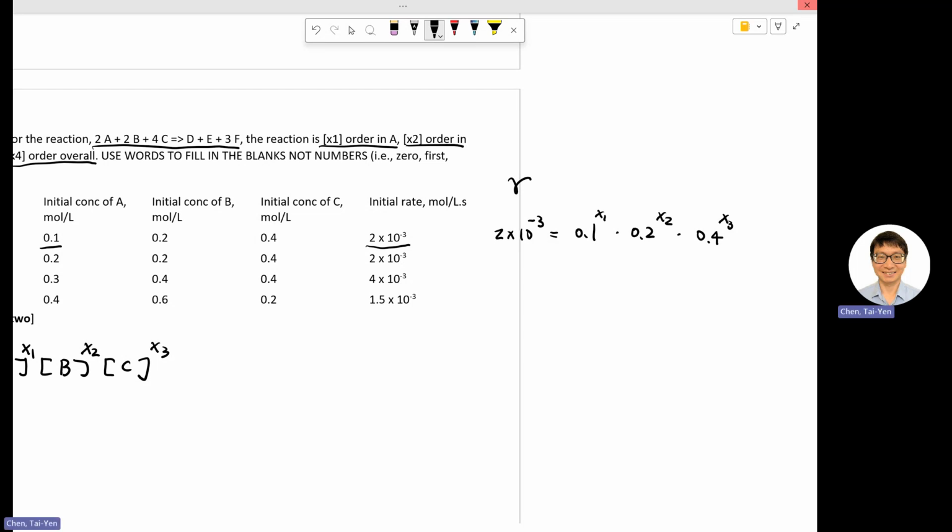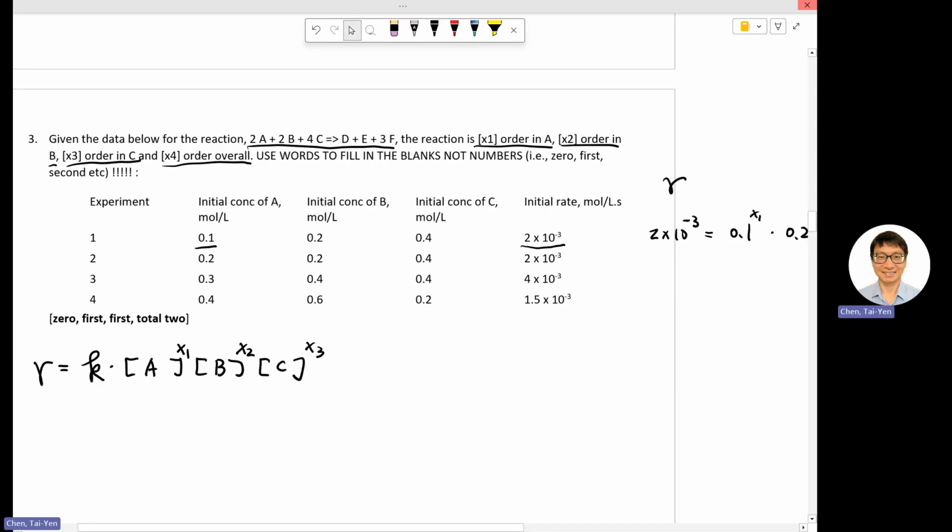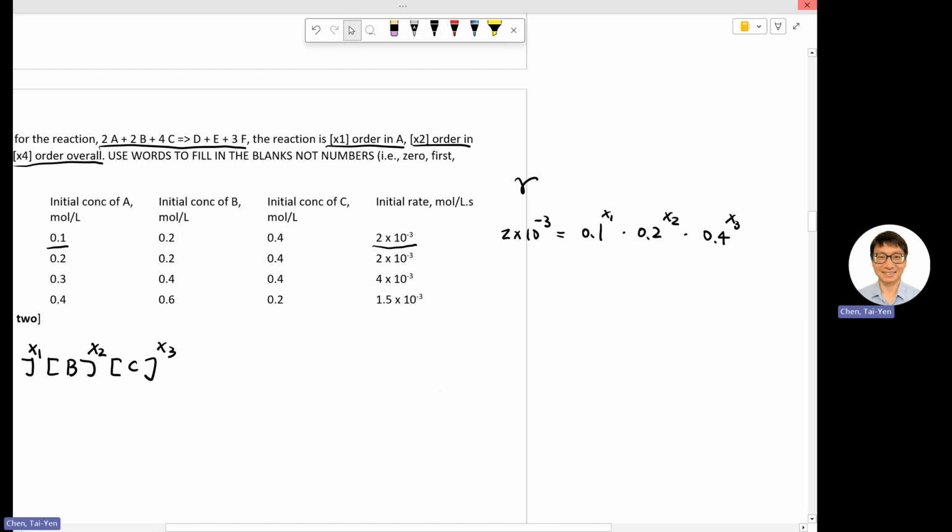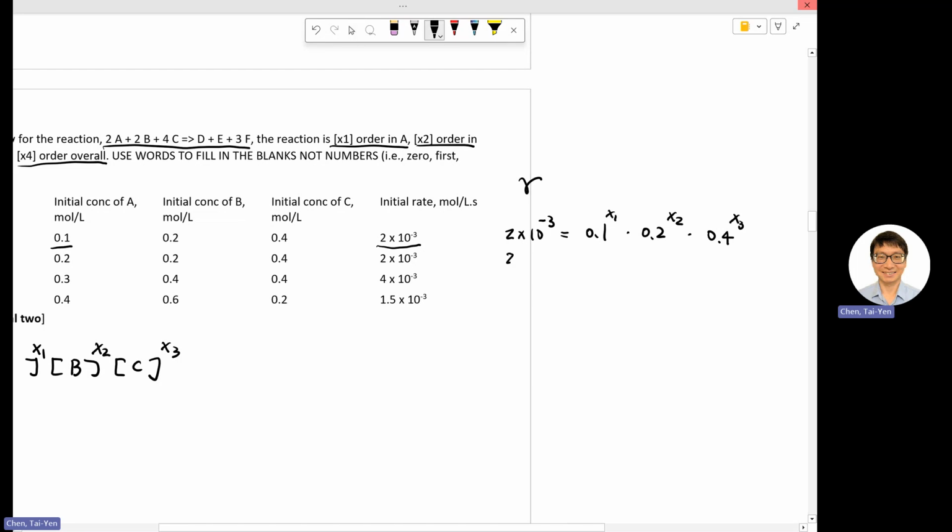Once you have done this, next you repeat the same process for row 2, row 3, and row 4. For row 2, 2 times 10 to the negative 3 equals 0.2 to the x1 power, 0.2 to the x2 power, and 0.4 to the x3 power.